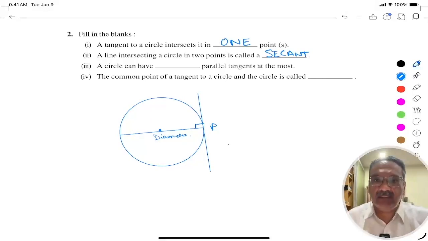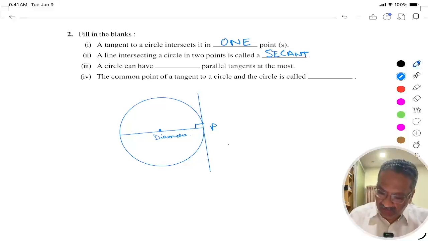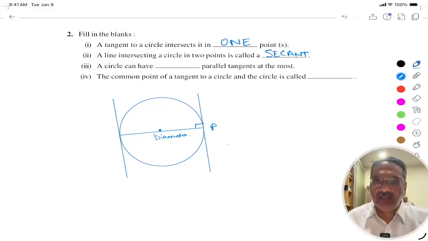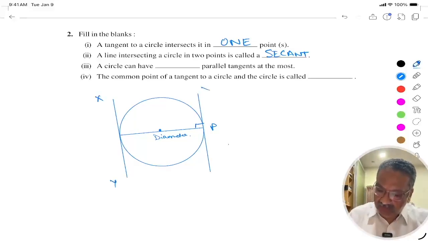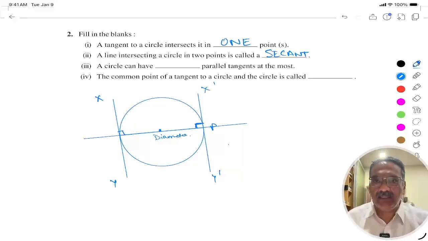Now at the other end of the diameter you can have another tangent. See, so we have XY and X dash Y dash, we can have two tangents. This diameter is a straight line, right? So this is also 90 degree, this is also 90 degree. Therefore XY and X dash Y dash are parallel.